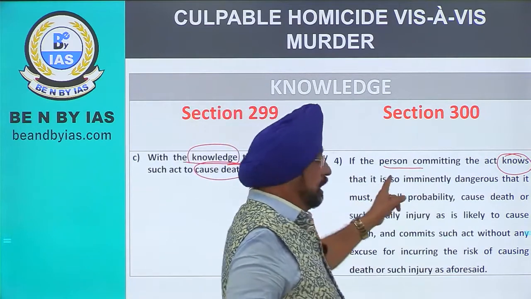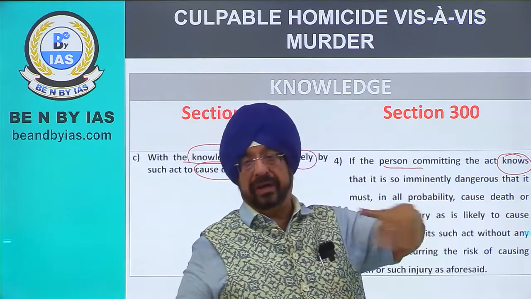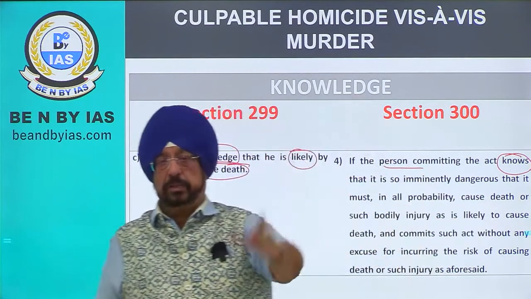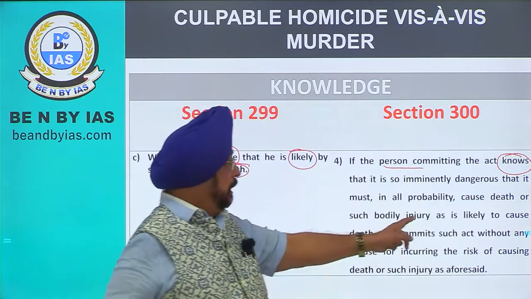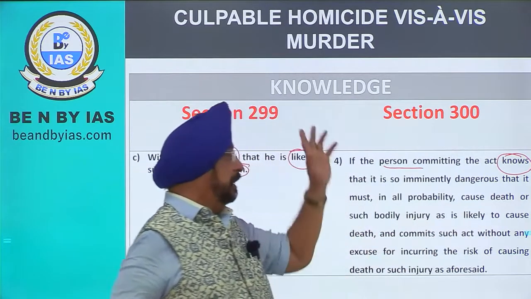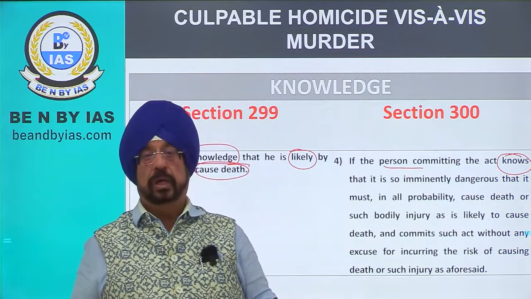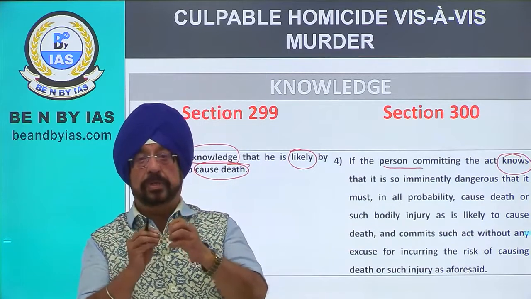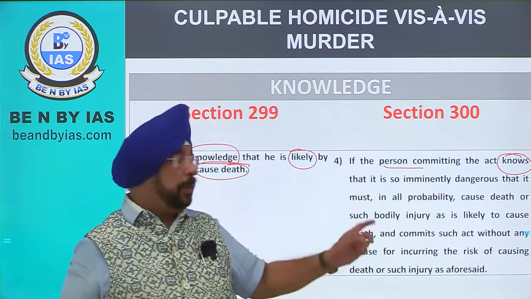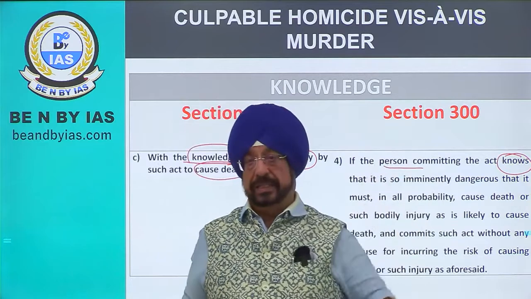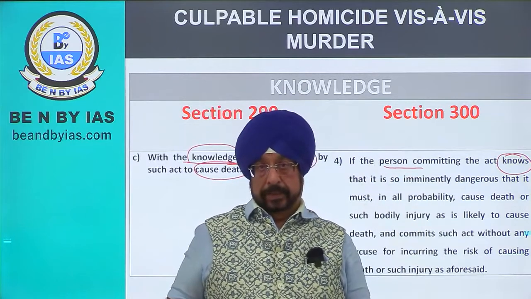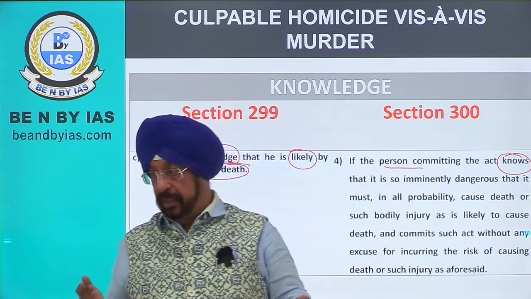it must, in all probability, highest level, in every situation, is likely to cause death. Likely, again, the word has been used to attach possibility, but the probability is the highest. Can you see the effect?